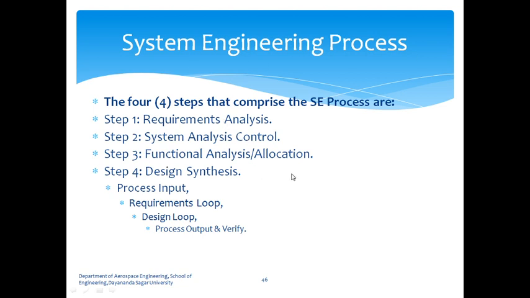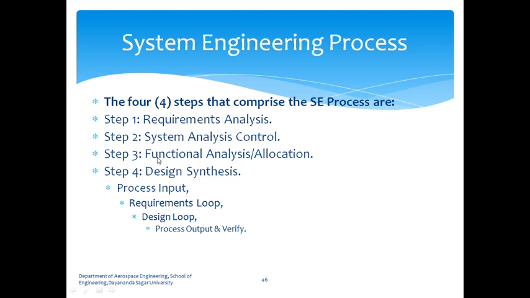Next one is the functional analysis. We will spend some more time on it. During the functional analysis, we need to understand: these are the requirements, and to meet these requirements I am developing my system, and that system should fulfill the functions, that is, fulfill the customer needs.